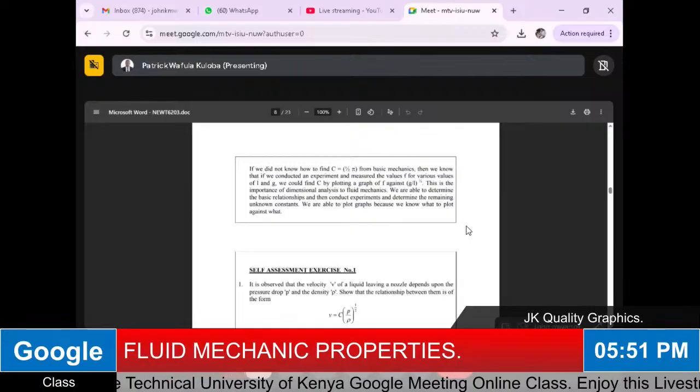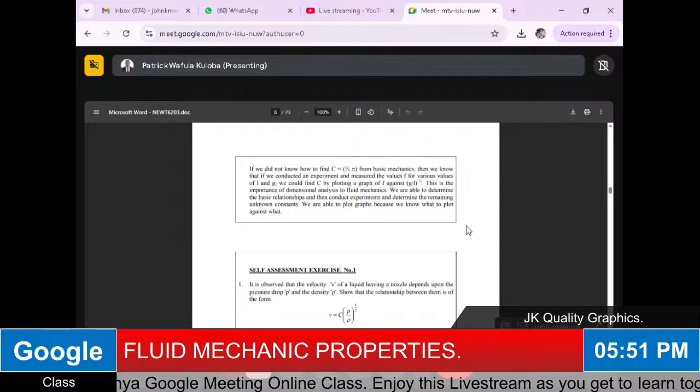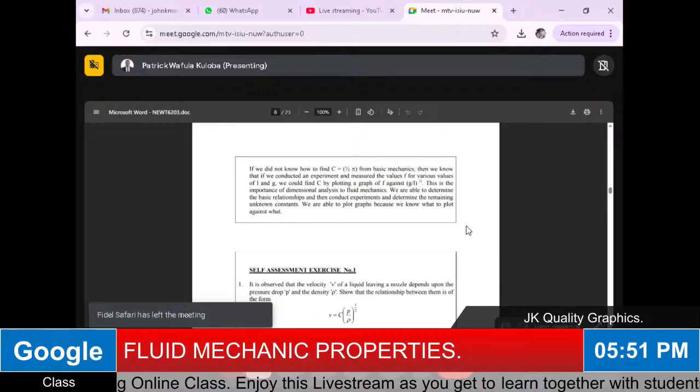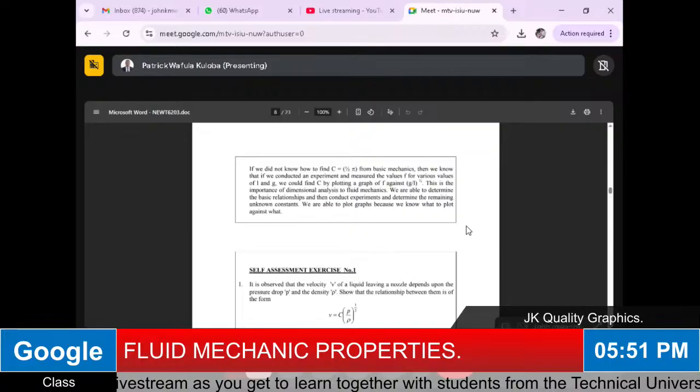So mass is M, and volume is length raised to 3. Volume is actually length times width times depth. All those are length. Length is L, breadth is L, height is L. So the MLT equation for density is M L raised to minus 3.